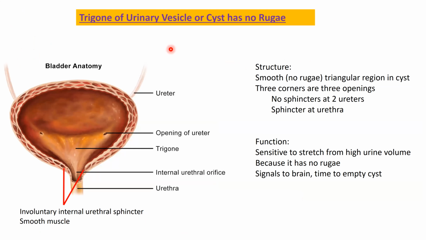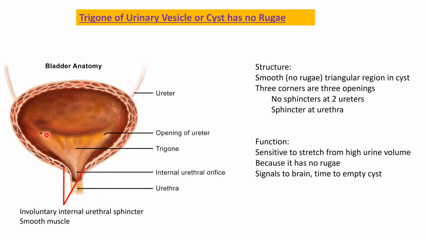Okay, the trigone of the urinary vesicle. The point is that there are no rugae here. It's totally smooth. And the three corners, these are the two openings of the ureters, and there are no sphincter muscles there. And the third corner of the triangle is the sphincter of the urethra. So there is a little muscle sitting here.